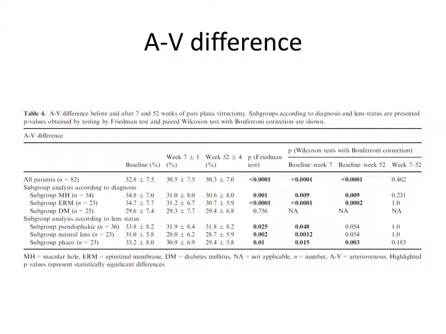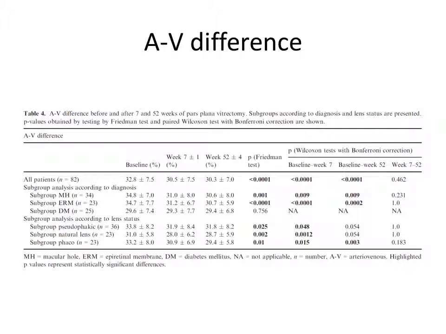But when we look at the subgroups, again, the macular hole and epiretinal membrane group had the same pattern as the overall situation. But in the diabetic group, again, there is a difference, and there is no such a high decrease of AV differences in that group. And again, this does not reach statistical significance.